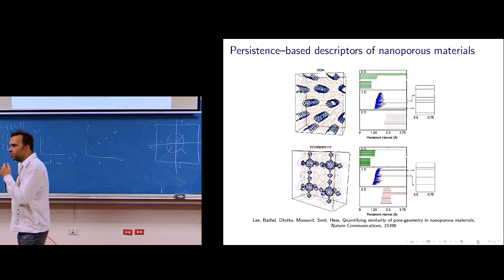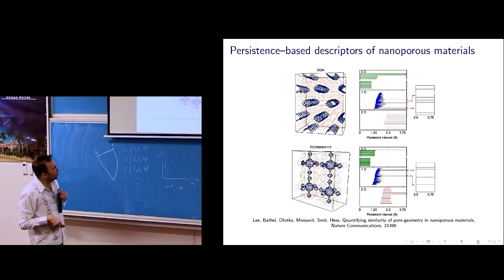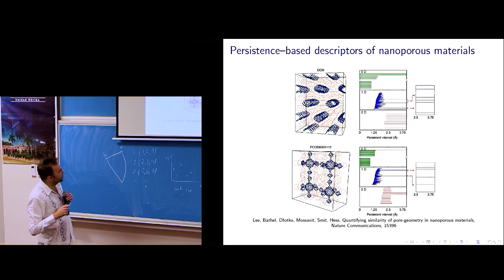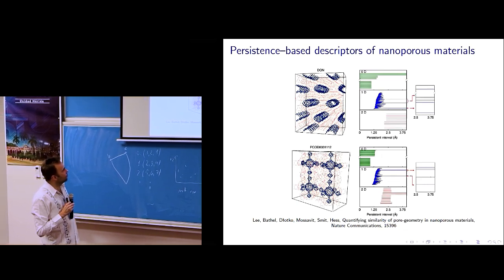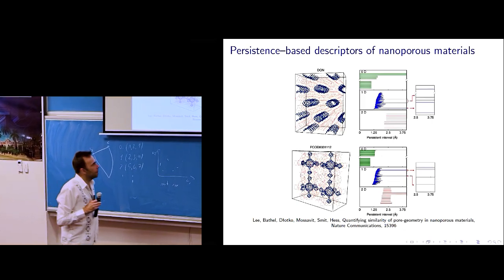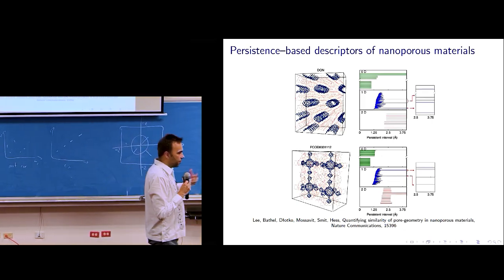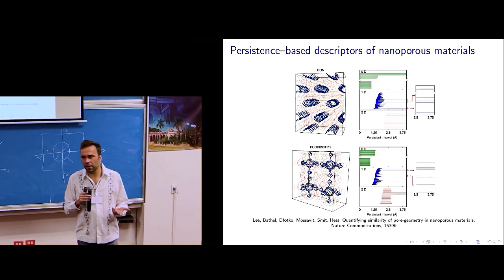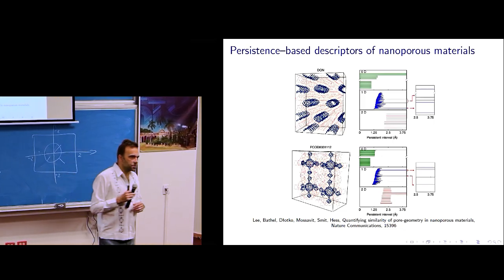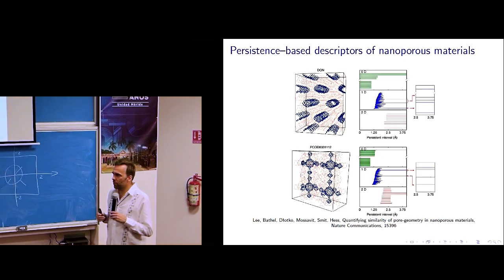That's equivalent to persistence diagrams. Using those tools, we are able to look for the best possible materials for a given task, and avoid too many molecular dynamics simulations, which are very expensive. If you want a little bit more of the story, I'll be happy to give it to you.